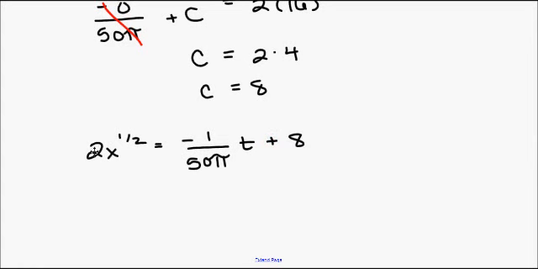Now we do have a 2 here, so we can divide everything by 2. And we get, 8 divided by 2 is 4, minus 1 over 100 pi times t. Okay, you could also put the t up top here.